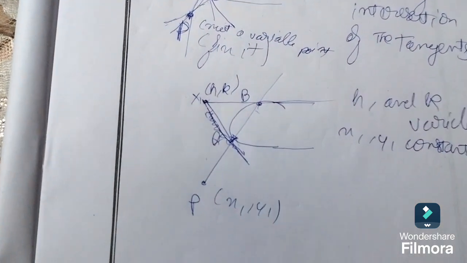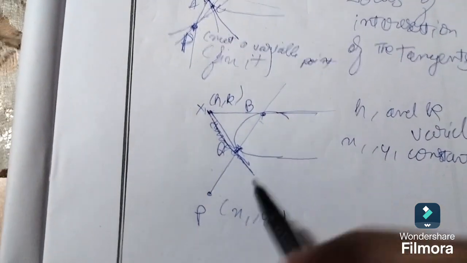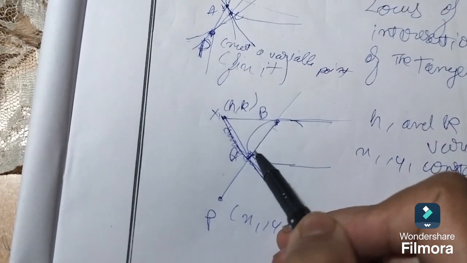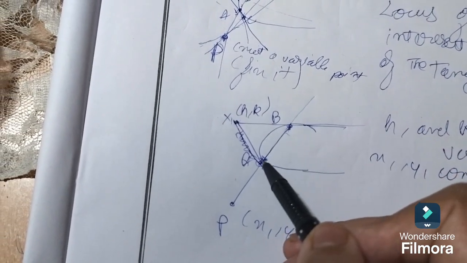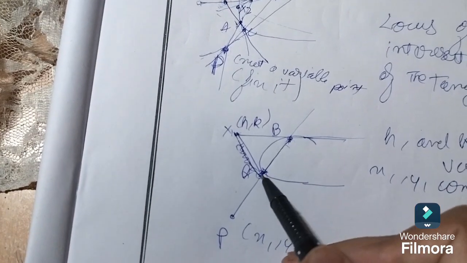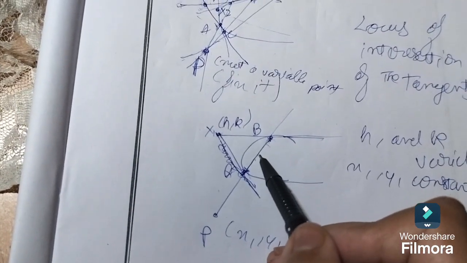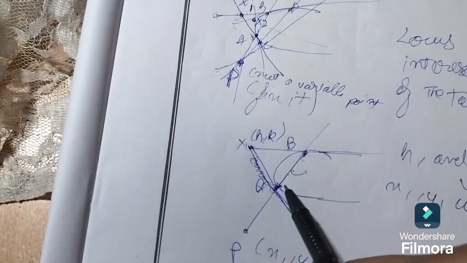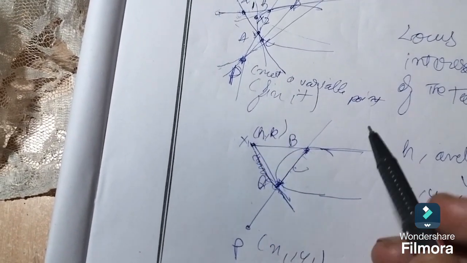Now you just see, I need the equation of this chord of contact. This is the chord of contact because these two are contact points, and if these two are contact points, I need the chord of contact. Now I write this chord of contact with respect to this variable point.